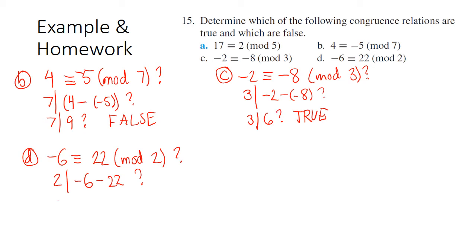So I'm checking whether or not 2 divides, let's see, what is that, 16? And that is true. So the answer there was yes, true, it does divide 16. So negative 6 and 22 are congruent modulo 2. Go ahead and do part A there and see what you get, and you can check your answer in the back of the book.